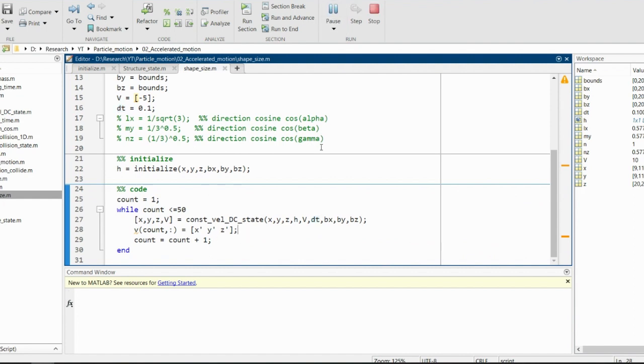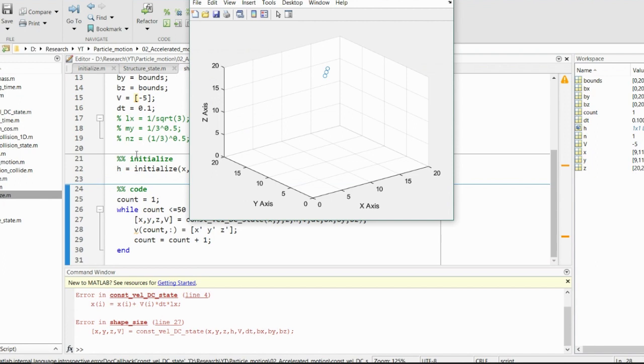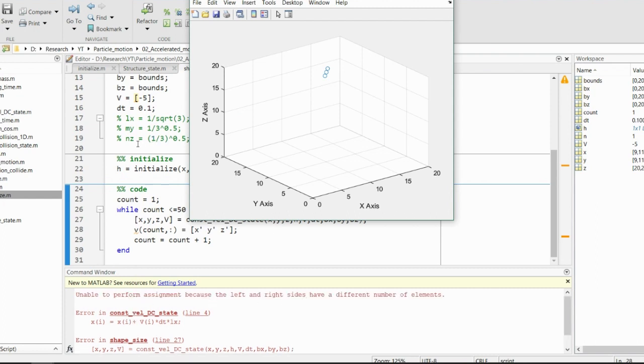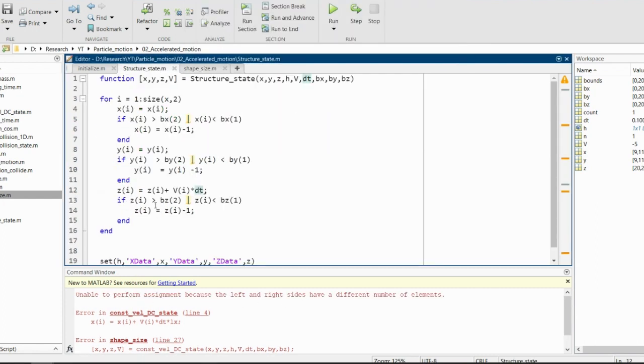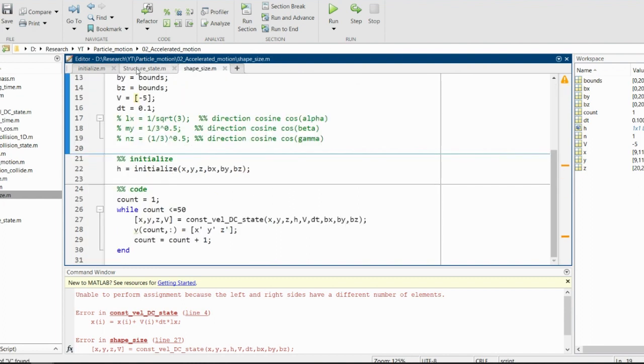Okay, let's play this out. Error in the shape size. Wait a second. ZI. VI. Okay, now it's good.